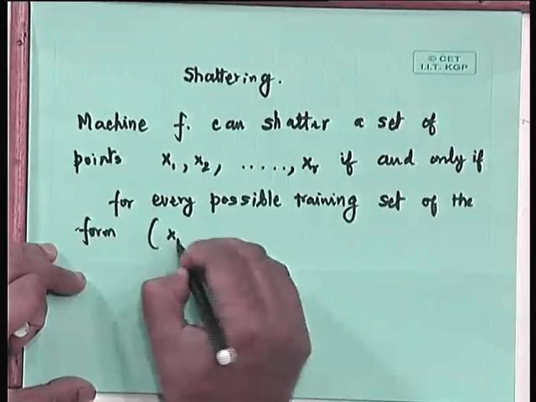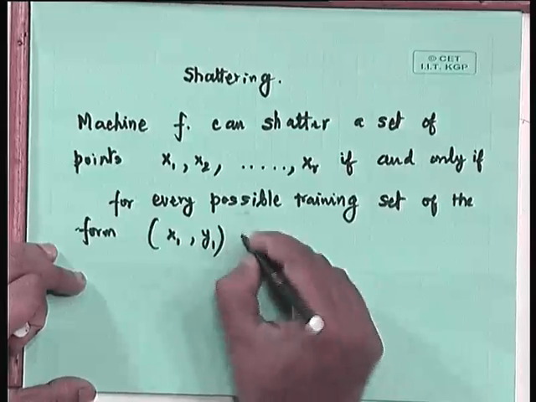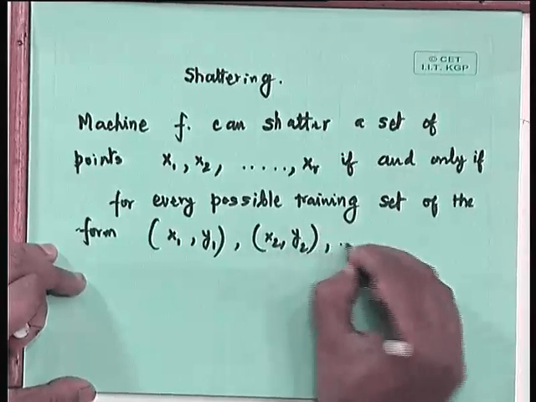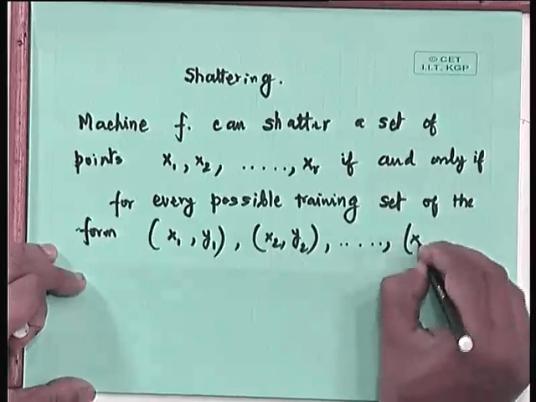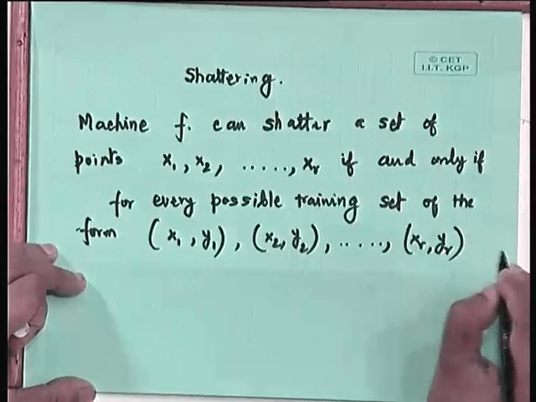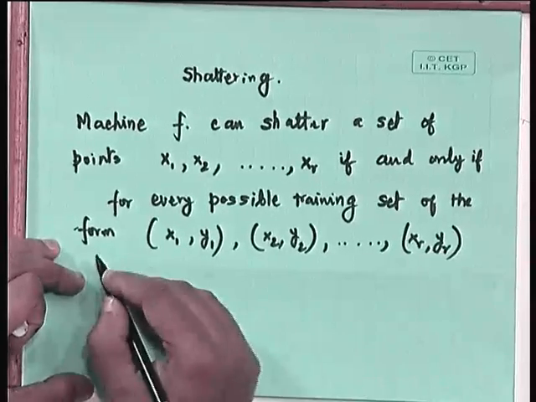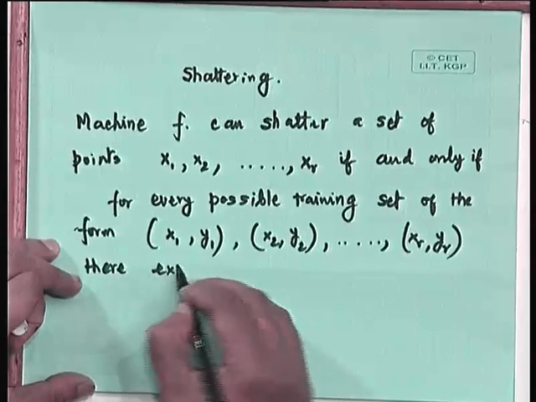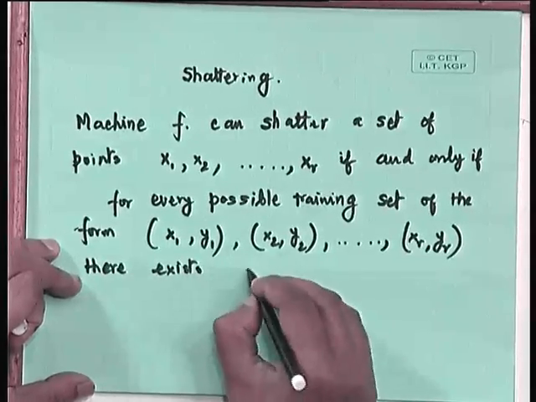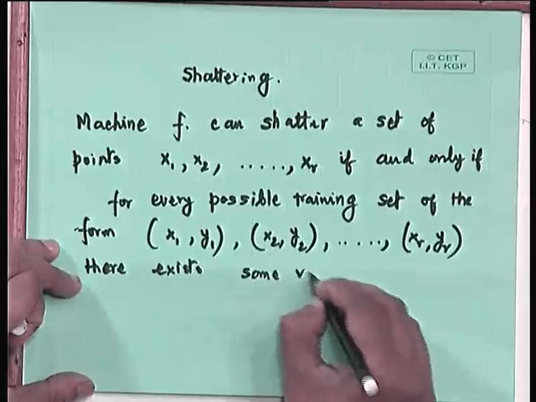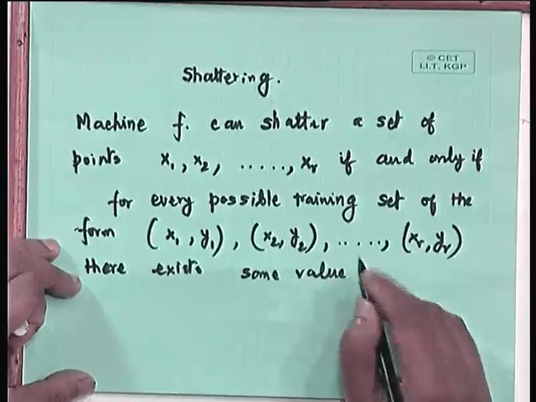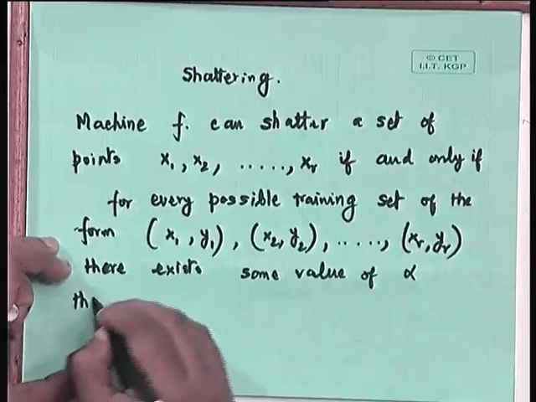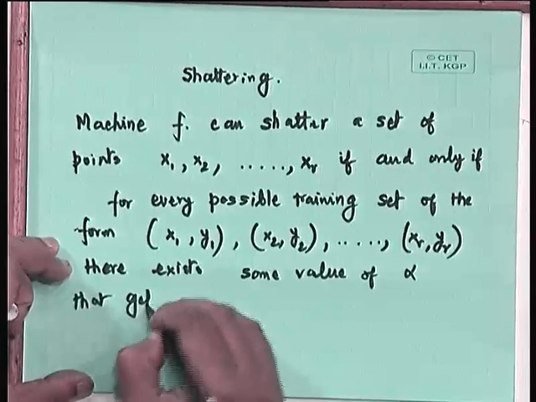Obviously, as x1, y1, x2, y2, up to xr, yr, this many training sets, there exists some value of alpha. What is that alpha? Again the free parameters. Some value of alpha that gets 0 training error.